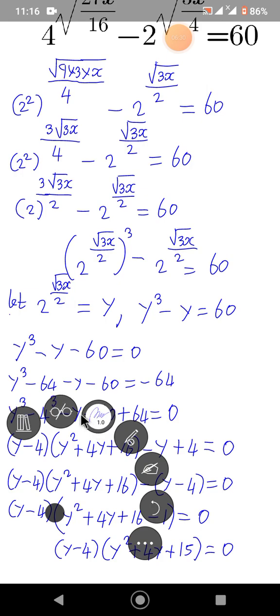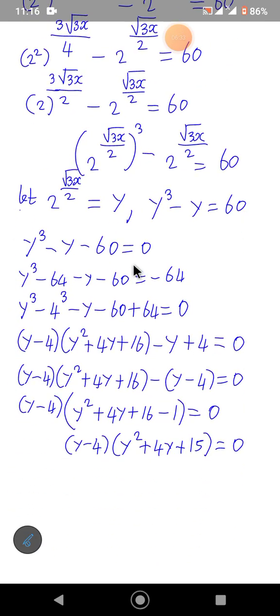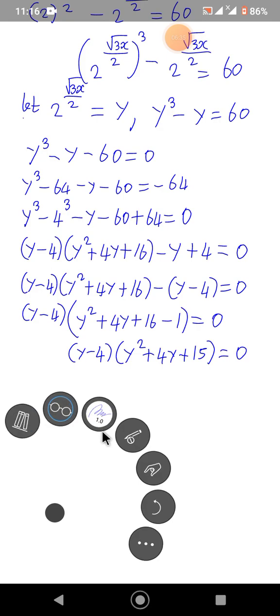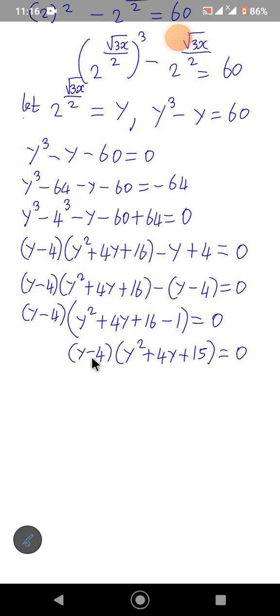We continue. From here now, I can simply say that y minus 4 is equal to 0, or y squared plus 4y plus 15 is equal to 0. Now, in the question, we are told to find the real root of the equation. So I'm going to consider only y minus 4, because if I consider this quadratic, I'm going to get a complex number, an imaginary solution for y.